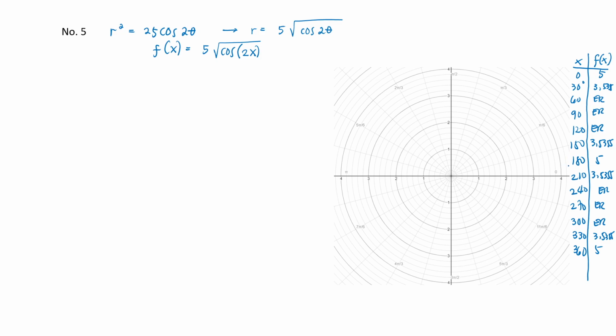In graphing this equation, let's say this one is R equals 5, so we are out of boundary on our graph. 5, and then 3.55 for 30 degrees. So let's say this is the point here. Then error, going towards 120. At 150 degrees, it's 3.55 again.